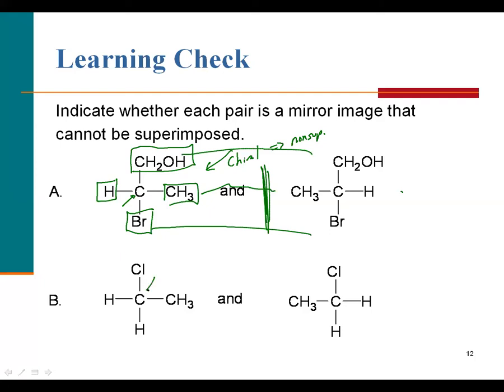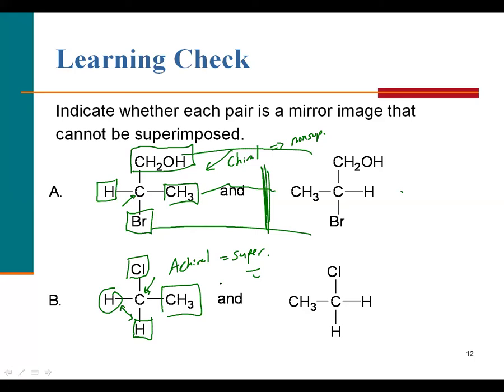If we look at the bottom here, this is a group that's different than this group, and this group is different than those. But here we run into two groups that are the same. So this would then become an achiral molecule, which means you can superimpose the mirror image on this one.